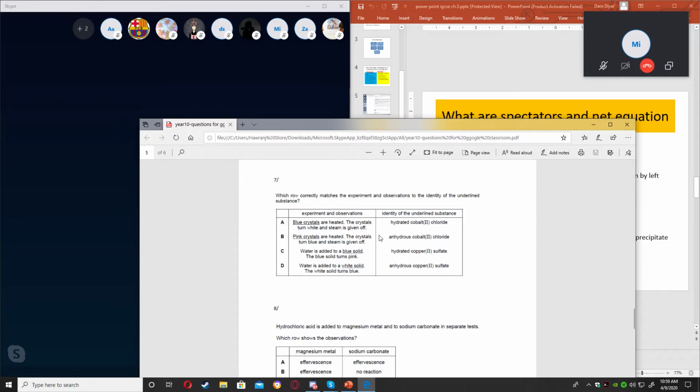Okay, and the salt is copper sulfate, hydrated copper sulfate. Okay, do you have it? You get me, Ada? Yeah, Miss. Very good. Now I send it to Ara.